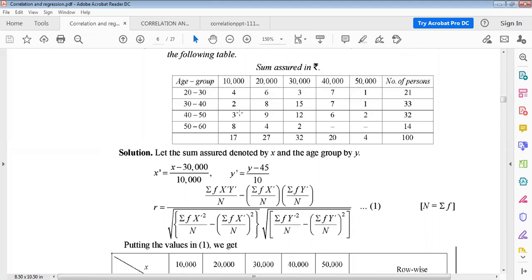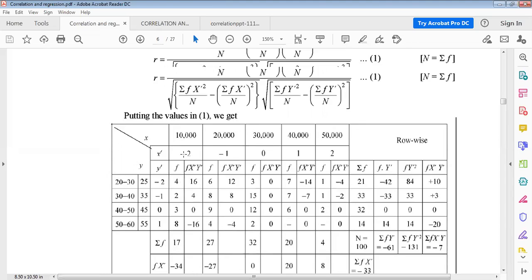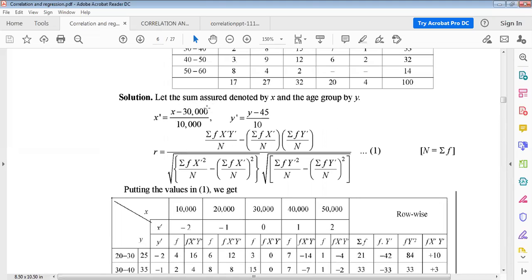Then 4, 2, 3, 8. This is the first column, this is the second column, this is the third column, this is the fourth column, and this is the fifth column. For individual values, we get them just using the formulas for x dash and y dash.